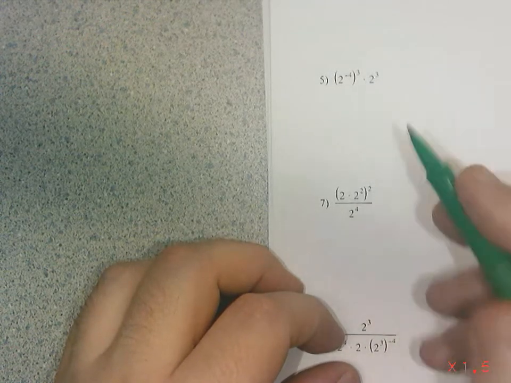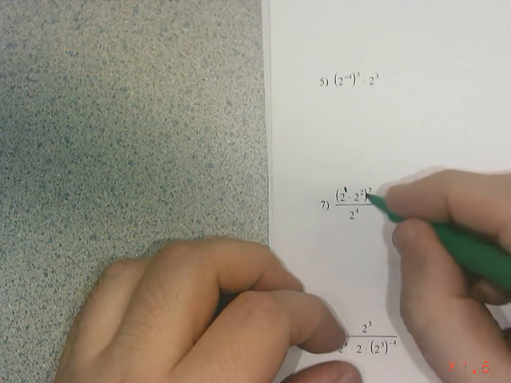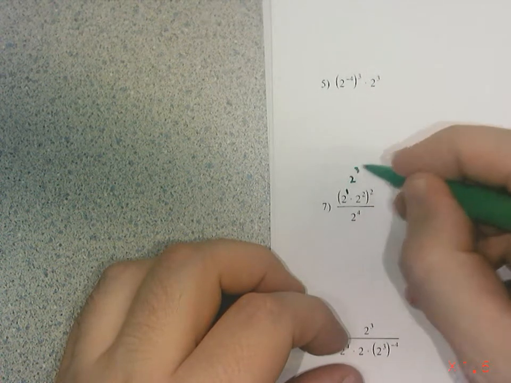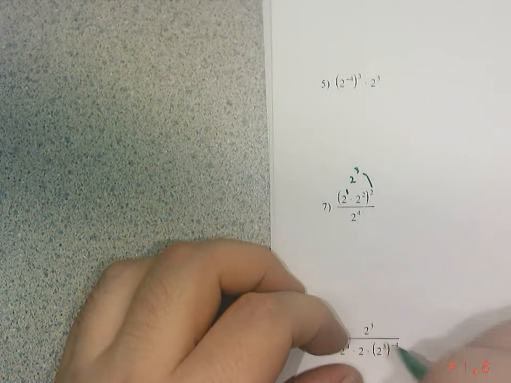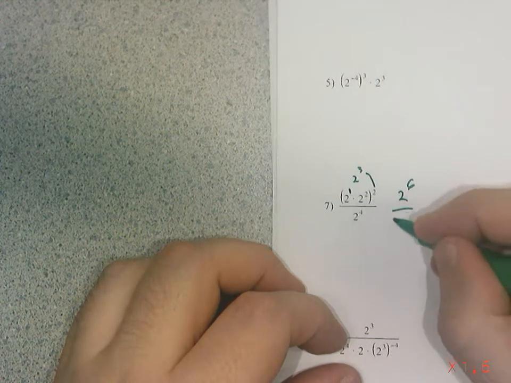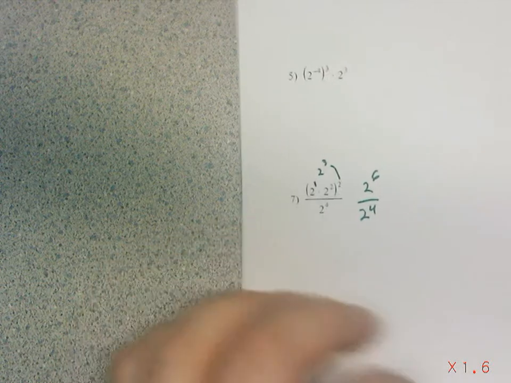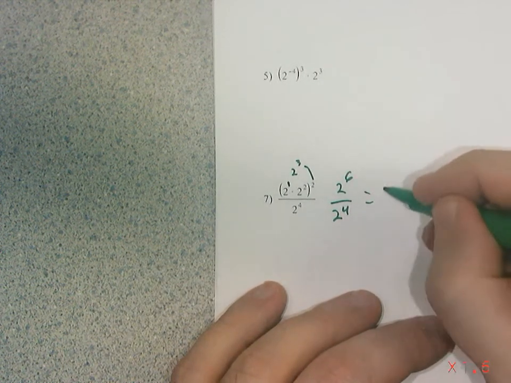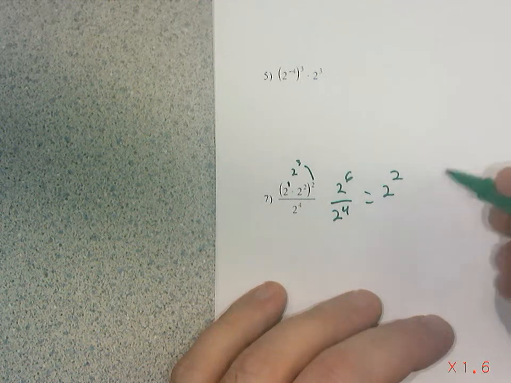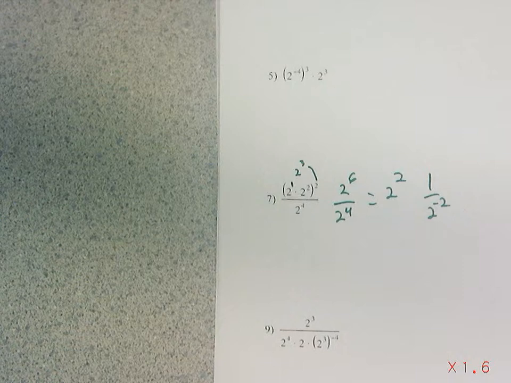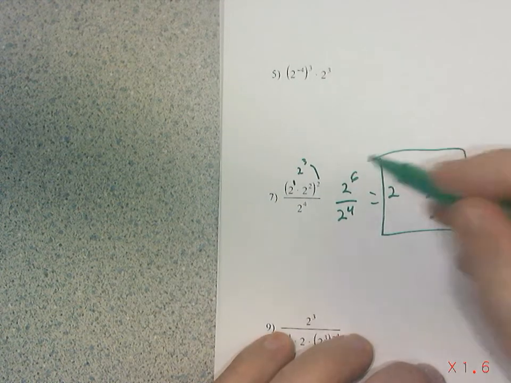So 2 times 2 to the second power, that'd be like 1 plus 2, which is 3. So 2 to the third being raised to the second power is multiplying. So I'd get 2 to the 6 over 2 to the fourth power. And then the last step is to subtract. 6 minus 4 is going to be 2. So 2 to the second power, or 1 over 2 to the negative 2. And that would be your two answers.